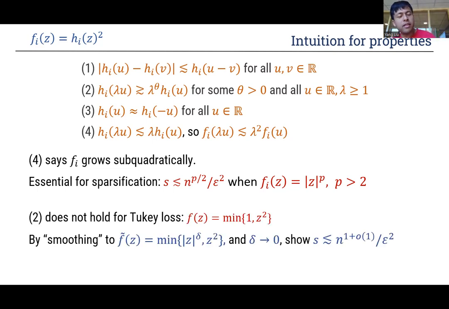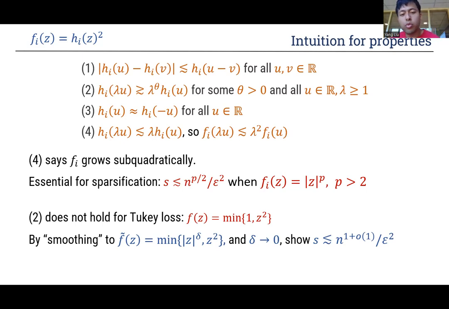I also wanted to mention that even though condition 2 does not hold for the Tukey loss mentioned earlier, f equals min of 1 and z squared, we are still able to obtain some sparsification results for it with the following trick. You can smooth the Tukey loss f to the following loss function, min of |z|^delta and z squared, where delta is some very small constant.